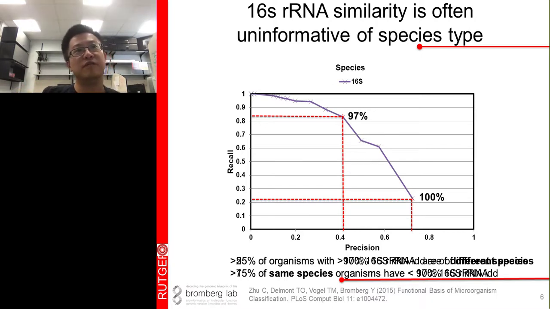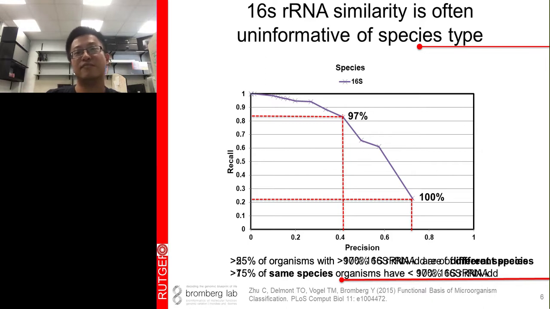For example, if we use this magic number of 97%, for organism pairs that share more than 97% identity, more than 55% of them are actually of different species. And for those that have less than 97% identity, actually more than 15% of them are of the same species.